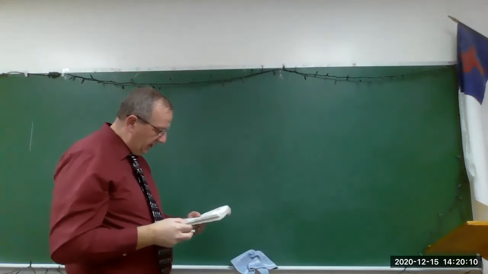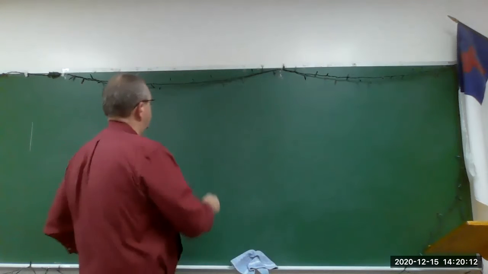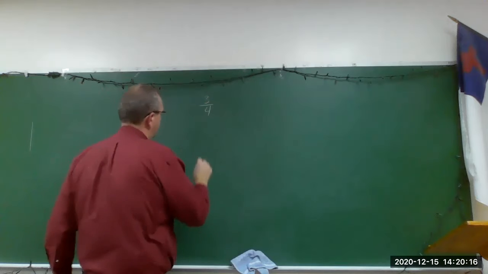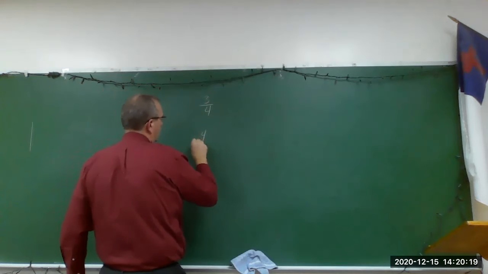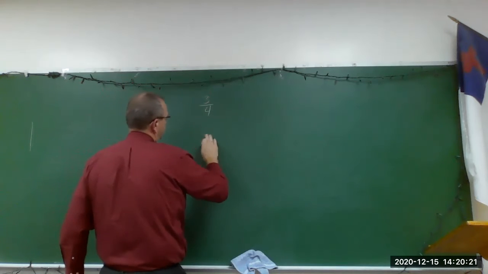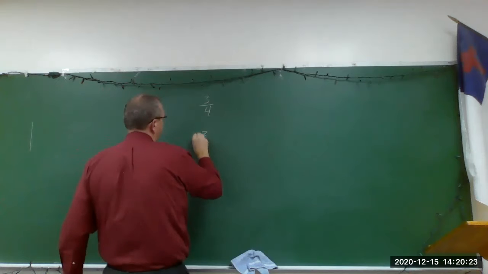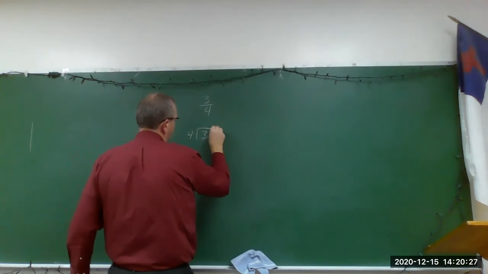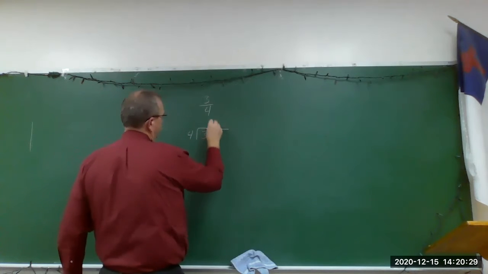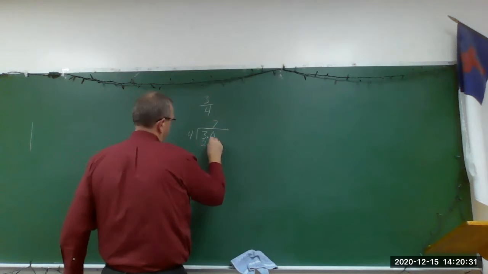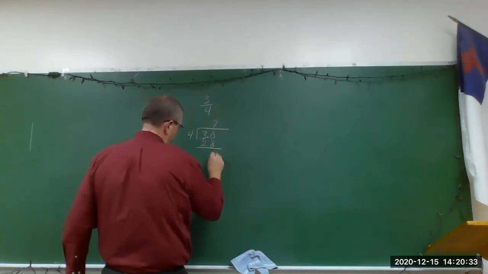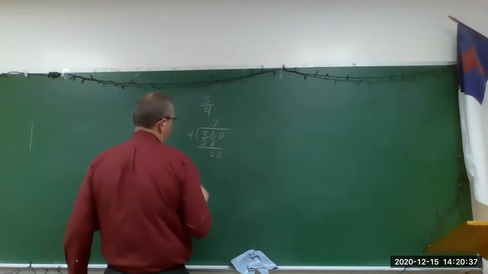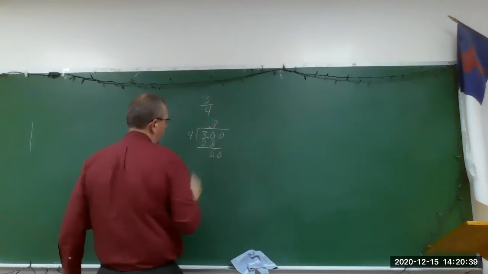So letter B is 3/4. 3/4, and we're changing this to a percentage. So we're going to have 3 divided by 4, right? And we're going to put a decimal in there. 4 goes into 3 zero times. 4 goes into 30 7 times, 7 times 4 is 28, gives you 2, and a 0 there, decimal point there.